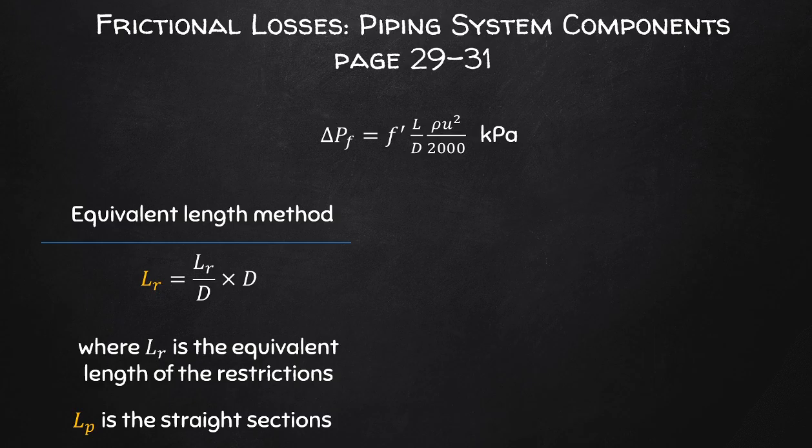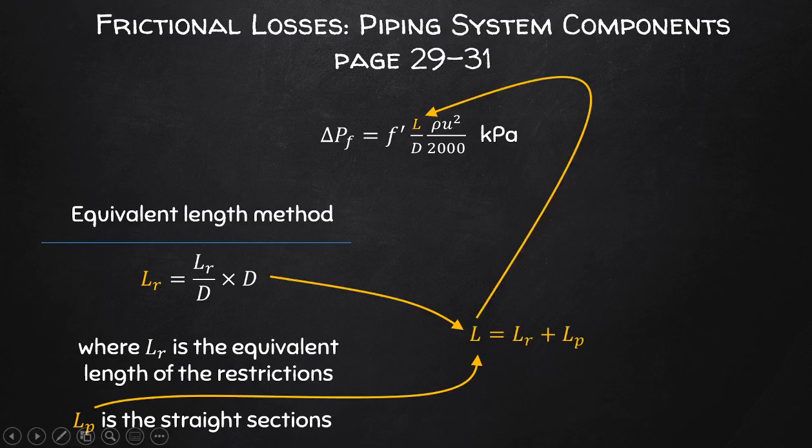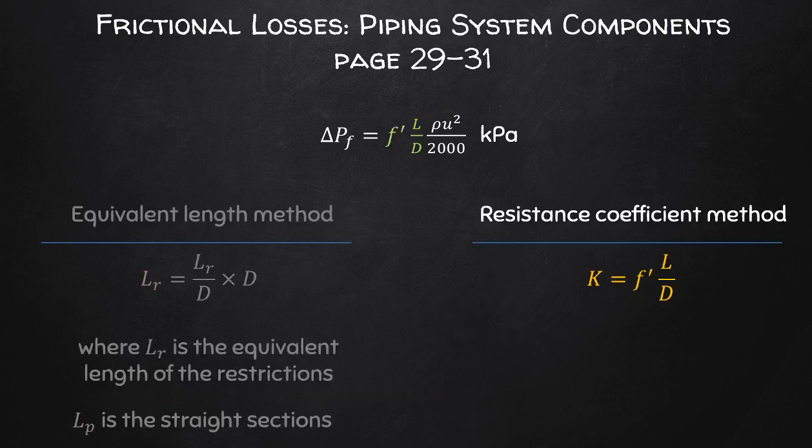The LR over D value is specific to the type of fitting or equation, and an equivalent length of pipe is determined for this fitting by multiplying the LR over D value by the diameter being used for this specific pipeline. The resulting equivalent length of the restrictions, or the sum of all of these, is then added to the actual length of the pipeline, LP, and this new length is then used in the determination of a pressure drop due to the combined effects of the pipe length and the presence of the restrictions.